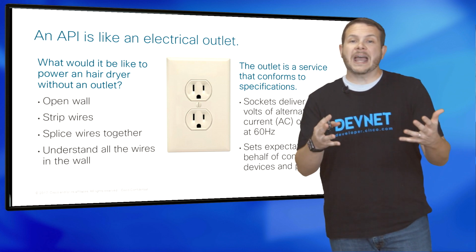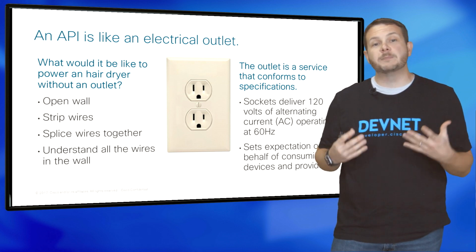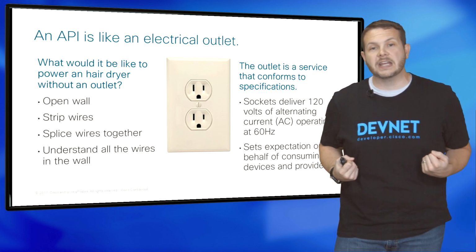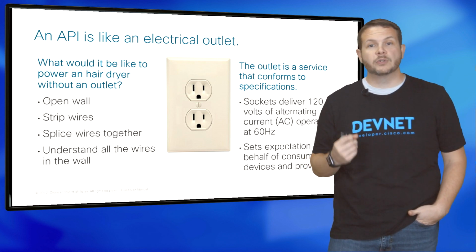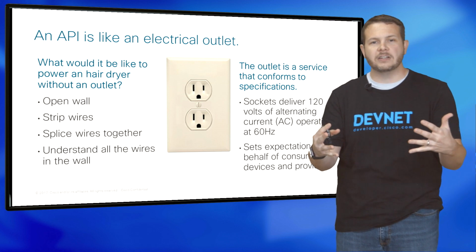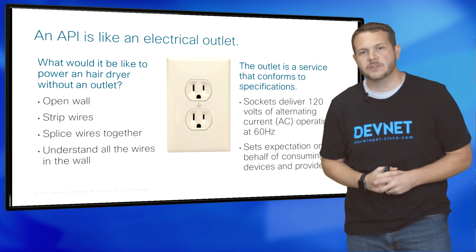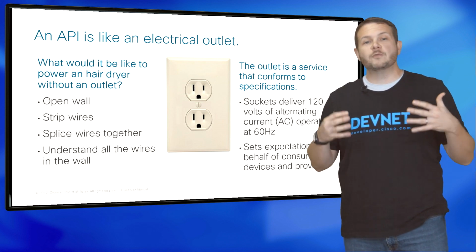Well, thankfully, we don't have to do that because the outlet provides a service that conforms to specifications that we understand as consumers. Every socket, at least here in the US, will deliver power at 120 volts, it's alternating current, and it operates at 60 hertz. Now, if you're in a different country, your sockets may be different, but it is well understood.